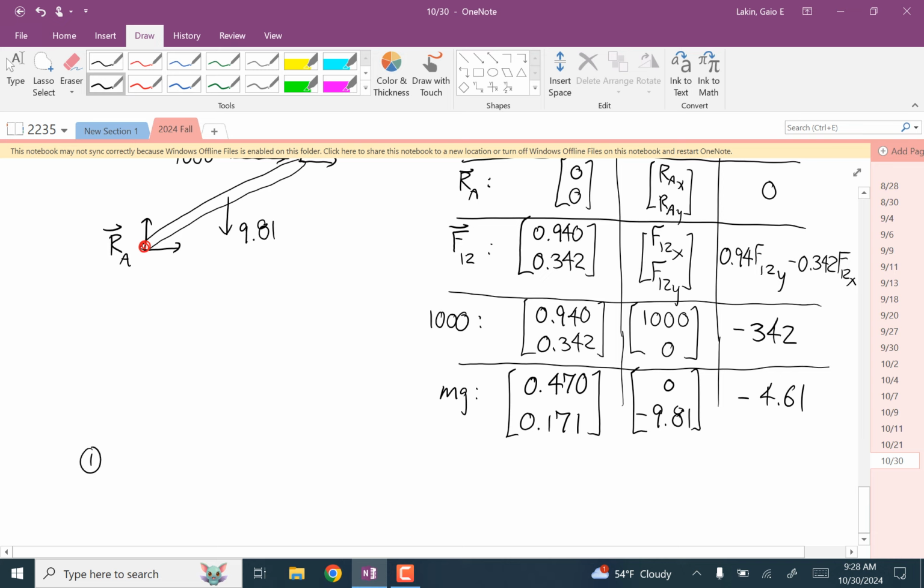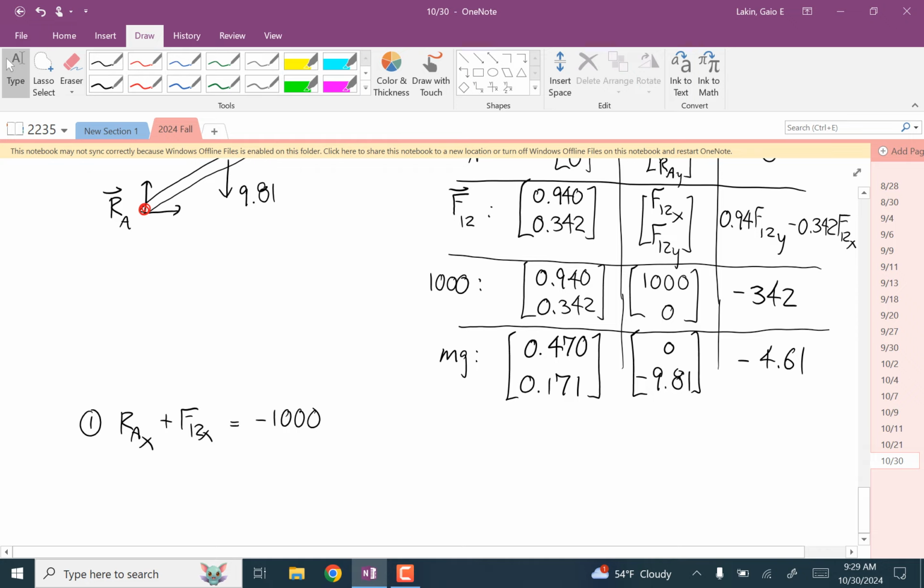So equation 1 says RAX plus F12X is equal to negative 1,000. Equation 2 says RAY plus F12Y is equal to positive 9.81.